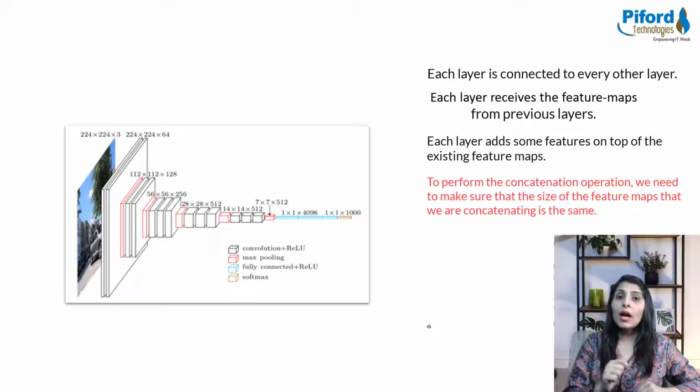But what we are discussing right now is that we want to concatenate the feature maps. And how can we concatenate them? We can only concatenate the feature maps if their sizes are similar. But if you are performing downsampling on the image, downsampling will change the size of the feature map.